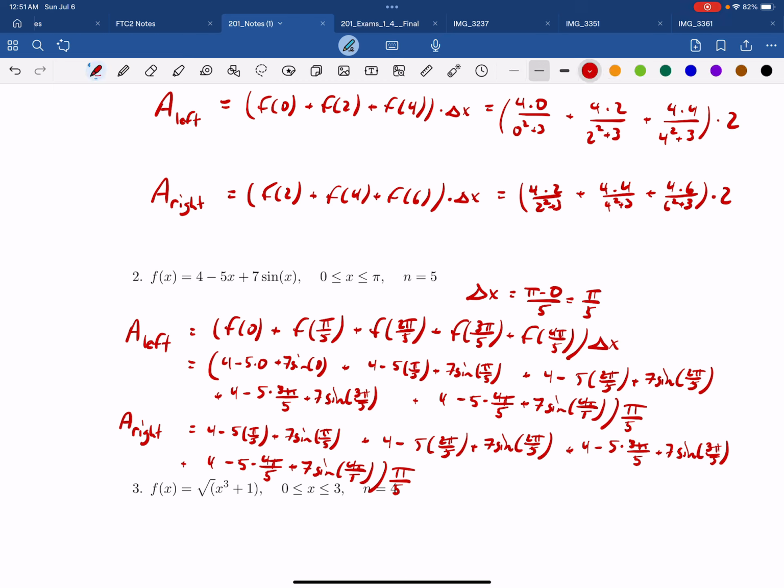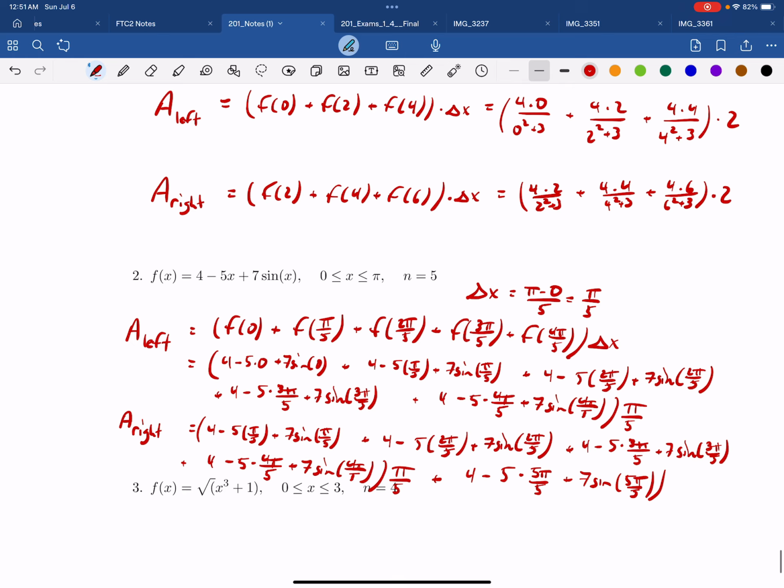And then we're going to add the last term, which is 4 minus 5 times 5 pi over 5, which, what do you know, is pi, plus 7 sine of 5 pi over 5, which is sine of pi. Actually, that is kind of a nice number. Anyway, multiply all of this by pi over 5, and that is our lovely right-hand endpoint approximation.